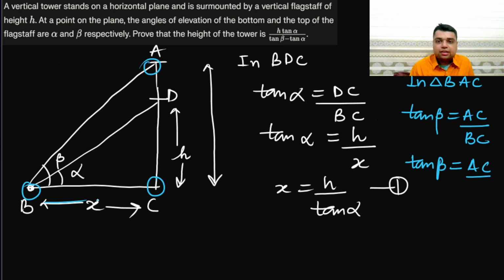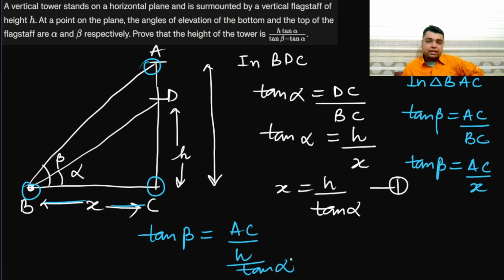This is BC, x. Now let's put the value of x in this. So tan beta is equals to AC upon x. X is h upon tan alpha.